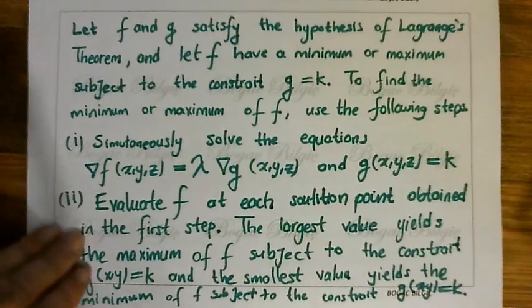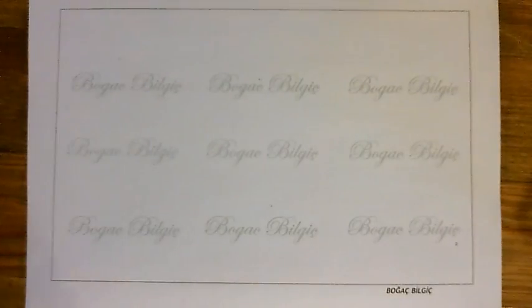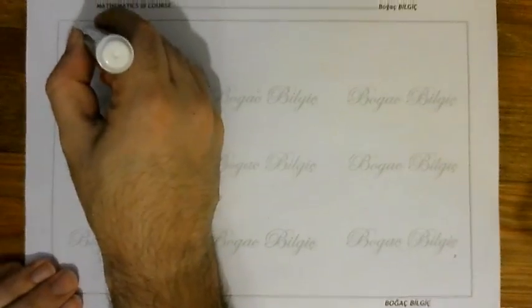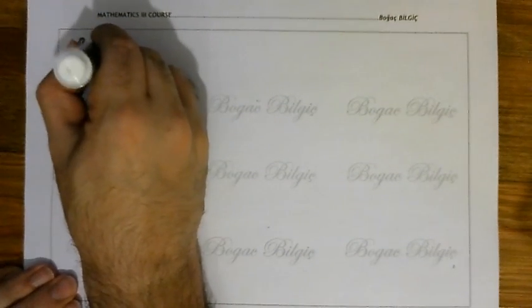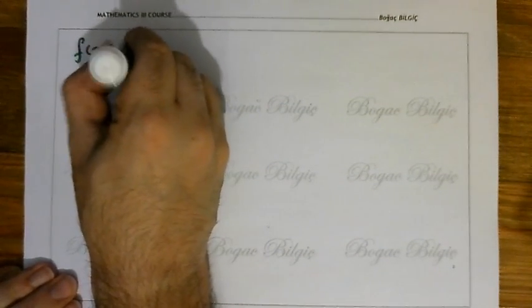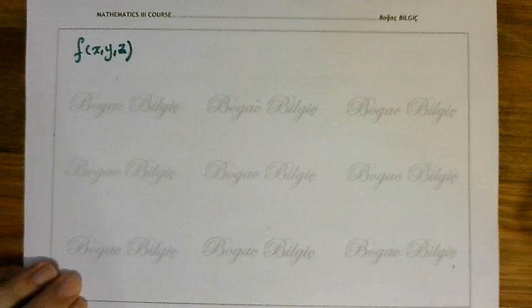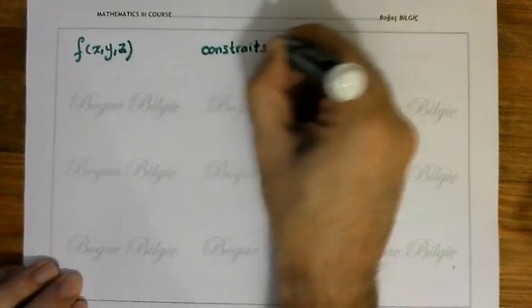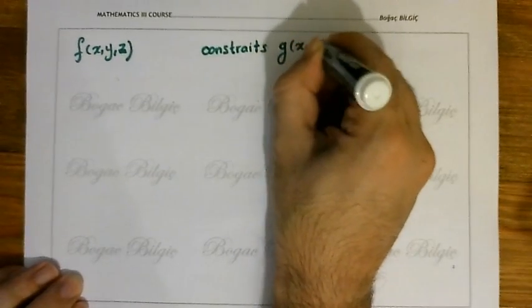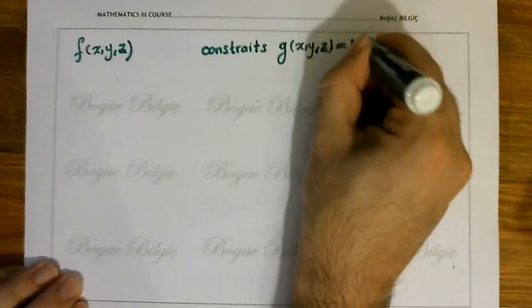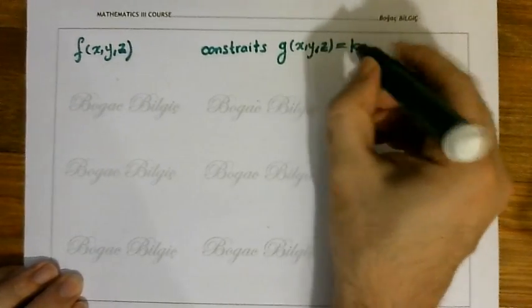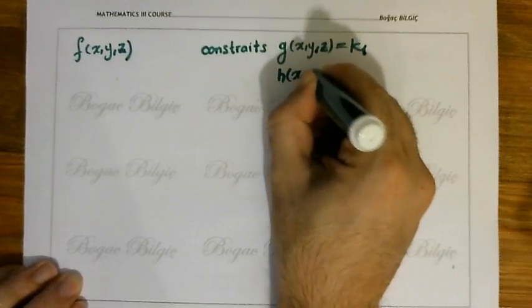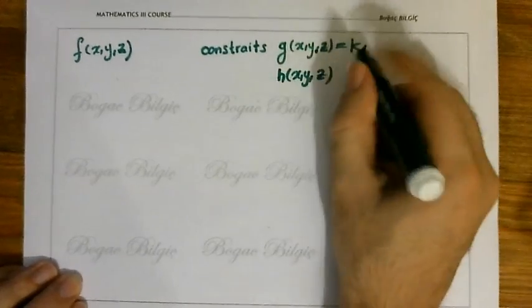For example, we want to optimize f(x, y, z) subject to the constraints g(x, y, z) = k1 and h(x, y, z) = k2.